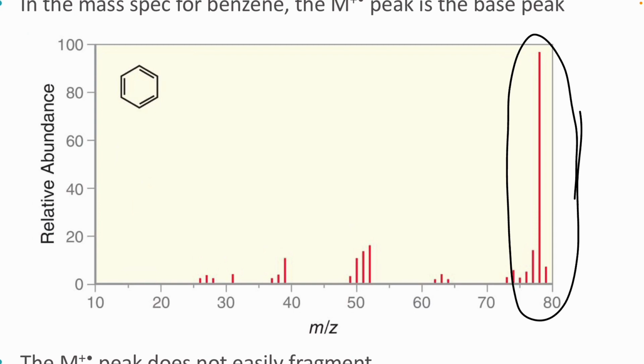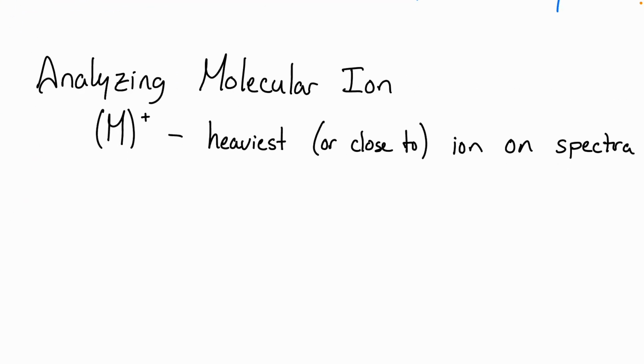All right, so if that was the only thing that we got on our graph, that would still be quite a bit of information, right? Because what's the mass of the molecular ion going to be? The molar mass of your compound, right? The mass of your actual organic compound that you have. So your molecular ion tells you the mass of your compound.